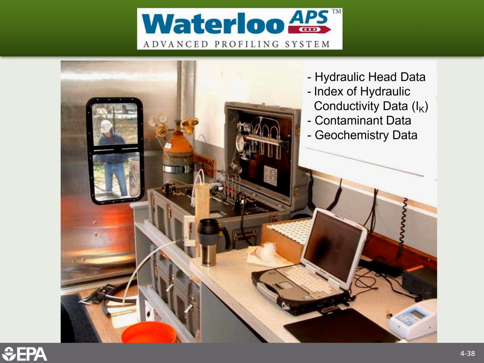There's a different system called a Waterloo profiler that's got, like many of these systems, tools that go down the hole, lab equipment in the trailer, and computer equipment to store the data that are collected from the process.